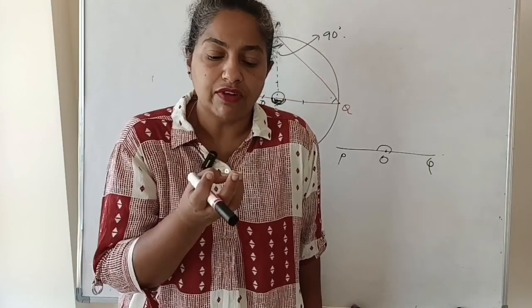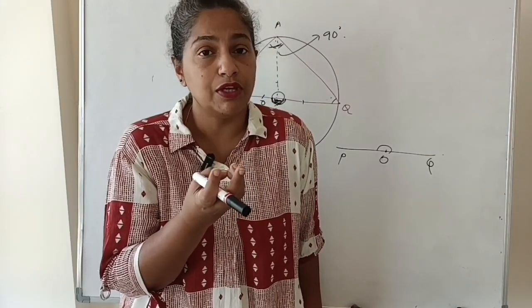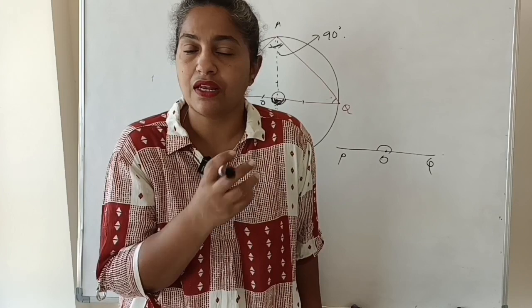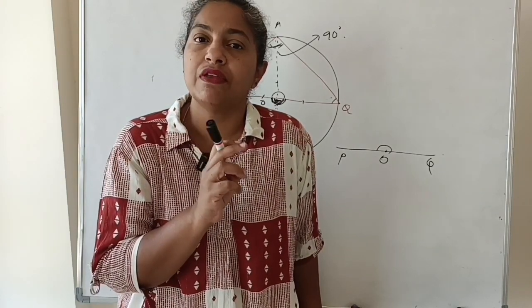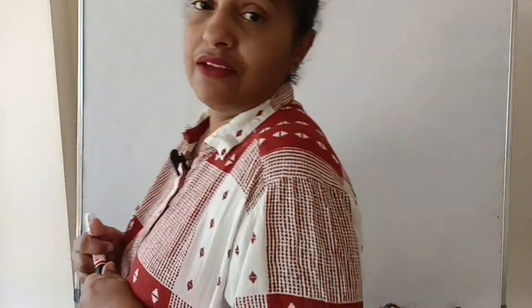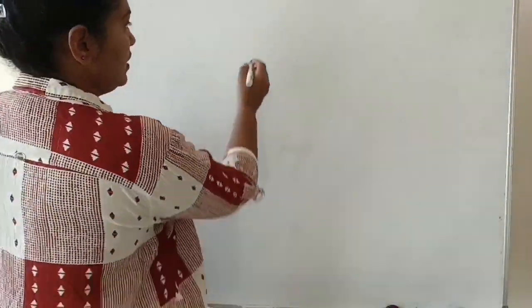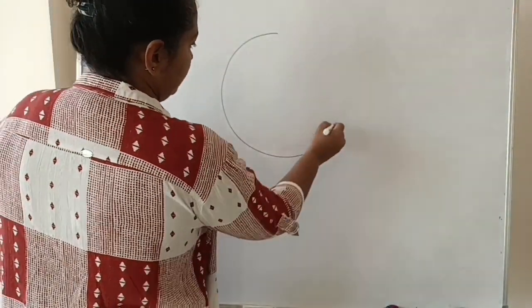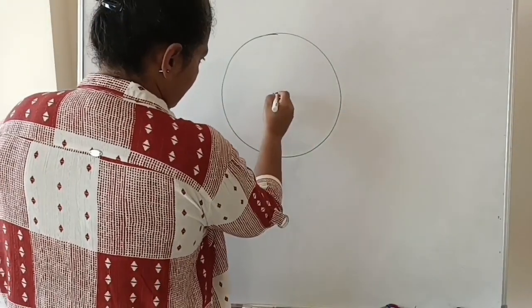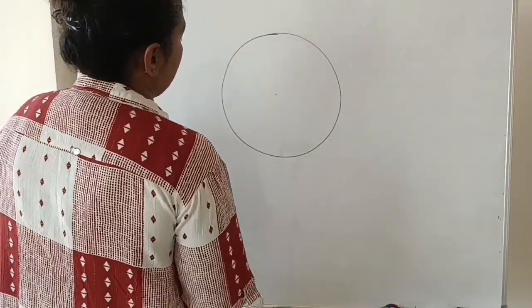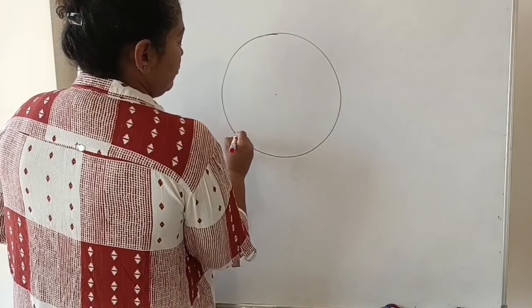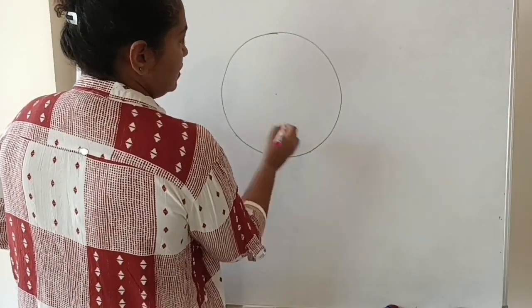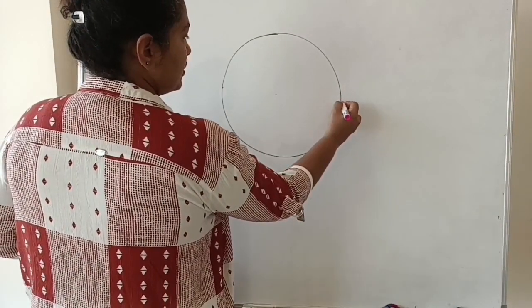Okay. Now, we have considered PQ being a minor arc, PQ being a semicircle or a semicircular arc. Now, we need to see what happens when PQ is a major arc. Let us talk about the angles when PQ is a major arc. So, you have a circle, you have the center of the circle, and initially PQ was here. Then PQ moved here.